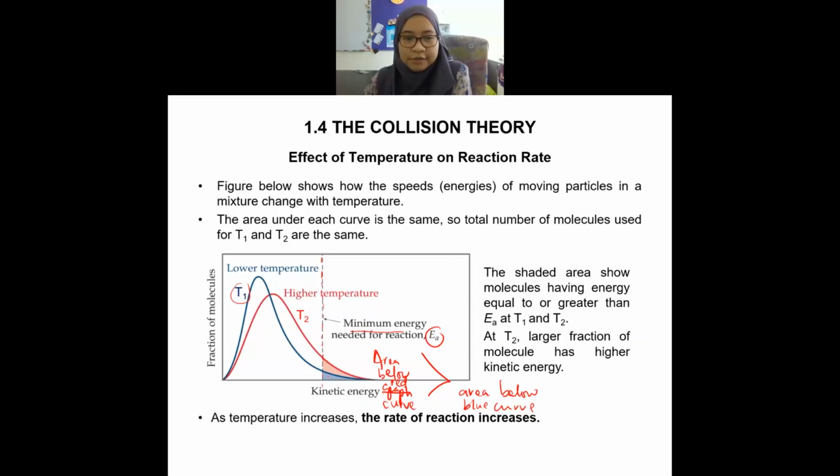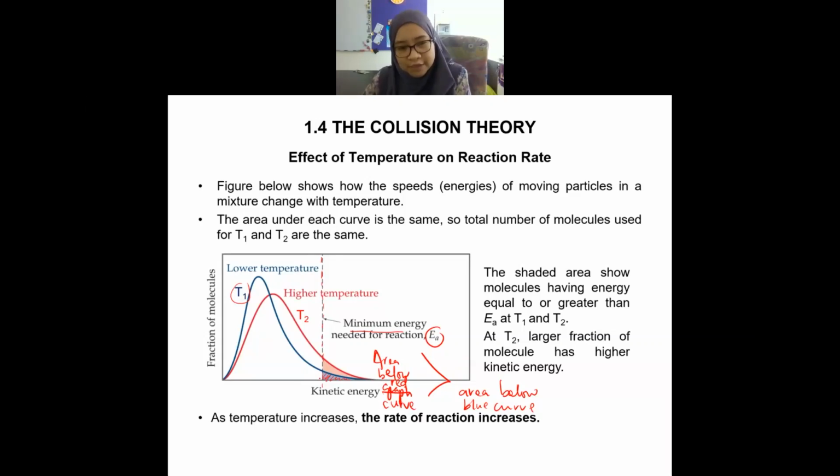Okay, nampak tak? Compared to biru, dia punya area dia kawasannya biru ni saja. So maksudnya apa? At higher temperature, more molecules have extra energy to overcome the activation energy.